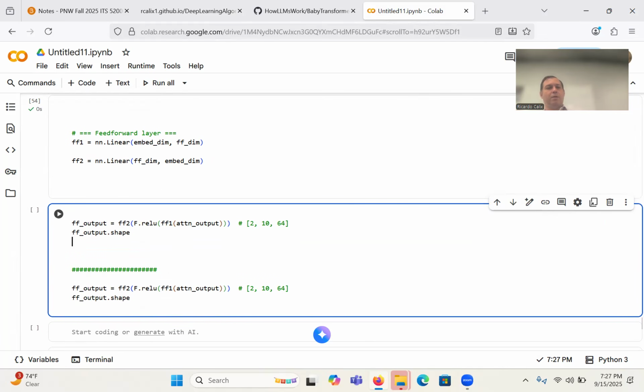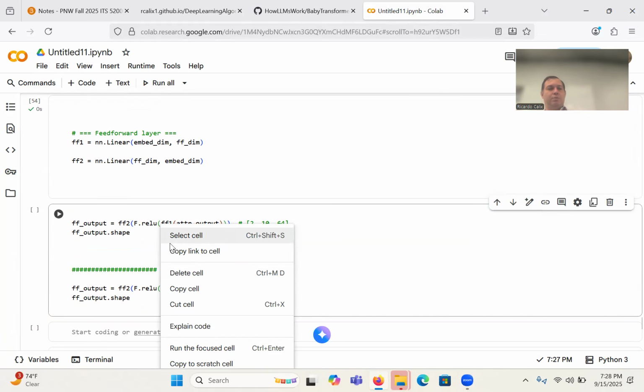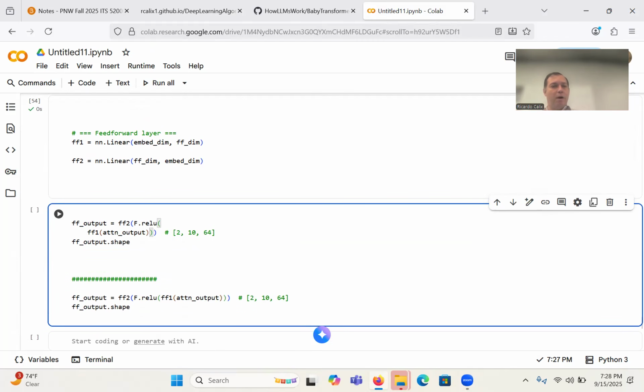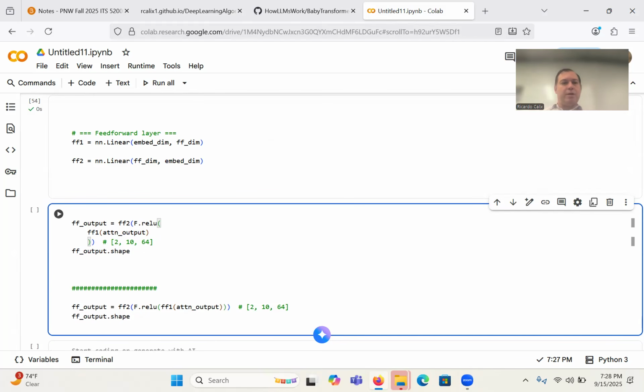So let's do FF1, right? So that's one. I'll get rid of this for now because it might confuse you, and I'm going to get rid of this.